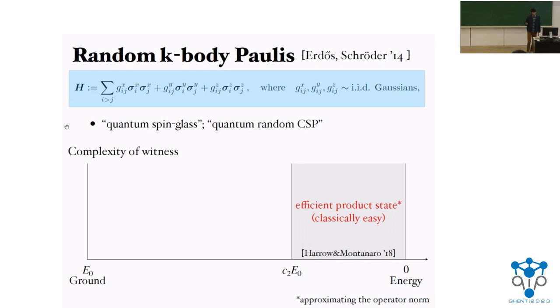Therefore, if you want this problem to be more quantum, you have to go to lower energy, very close to the ground energy. But then you run into another problem: this problem becomes very glassy, at least heuristically, and that would almost mean that this problem is quantumly hard. So for this very natural random Pauli model, it's kind of the opposite of what we wanted.